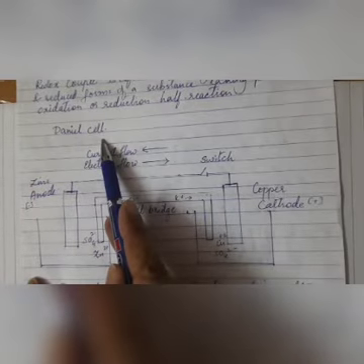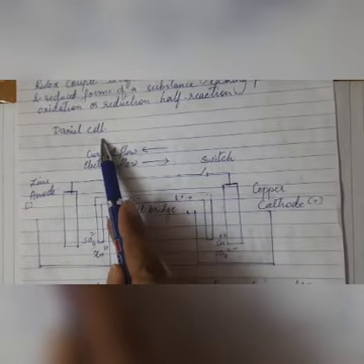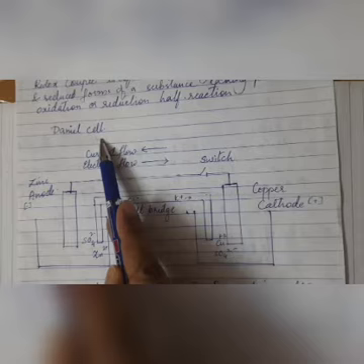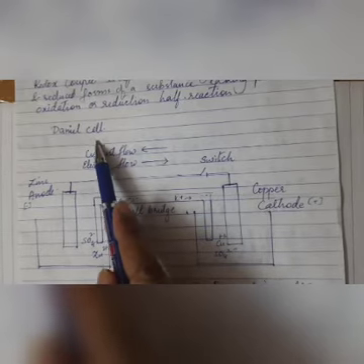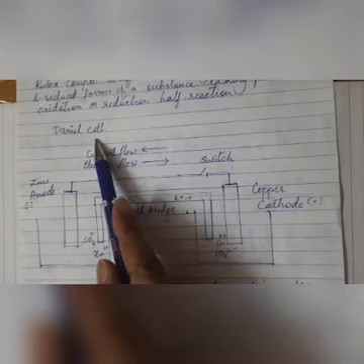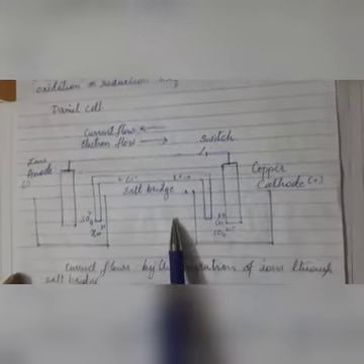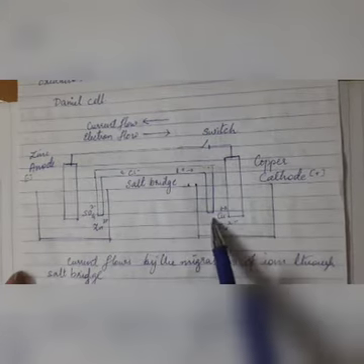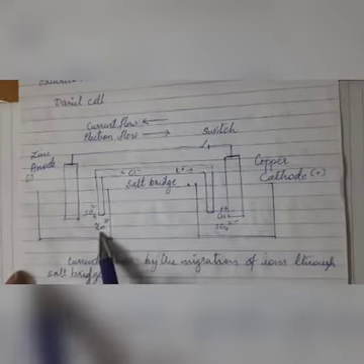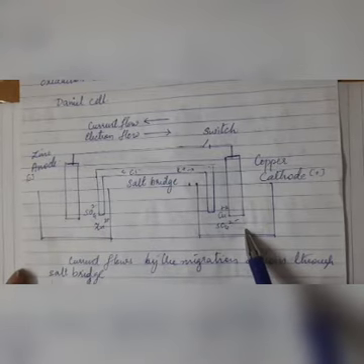Here we have the example of the Daniell cell. The Daniell cell is explained in detail in 2nd PUC or class 12. Here we have just the introduction part. In the Daniell cell we have 2 containers.